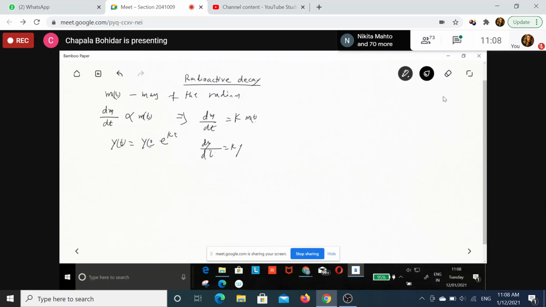Similarly here, the only solution is M(t) equals m0 e to the power kt. So what is m0? Like y0, what is m0 here? The initial value. When t is equal to 0, the initial value present is what we call m0.